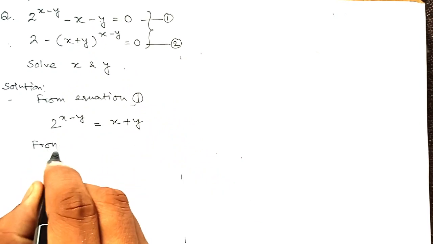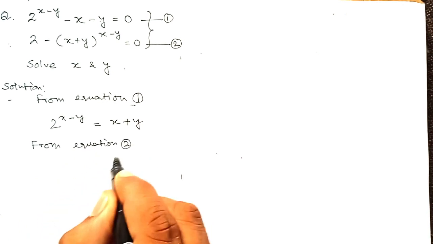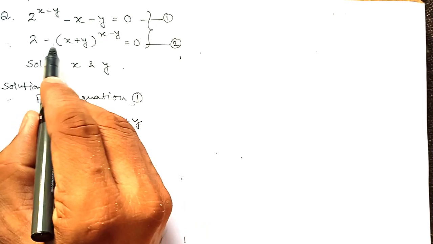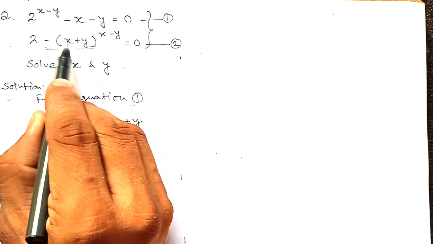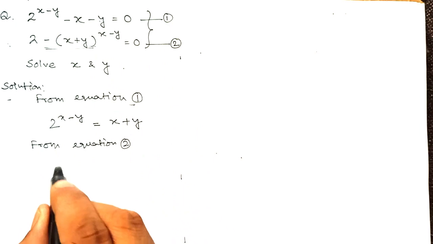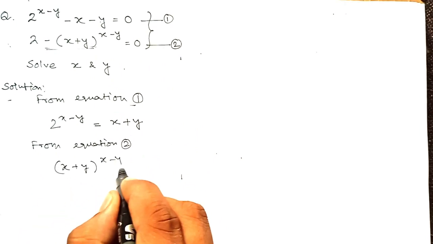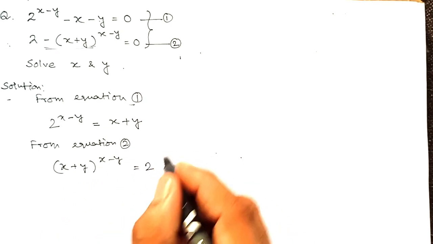From equation 2, what we get is we will take this expression x plus y to the power x minus y to the right hand side of the equation. So we will get x plus y to the power x minus y is equal to 2.